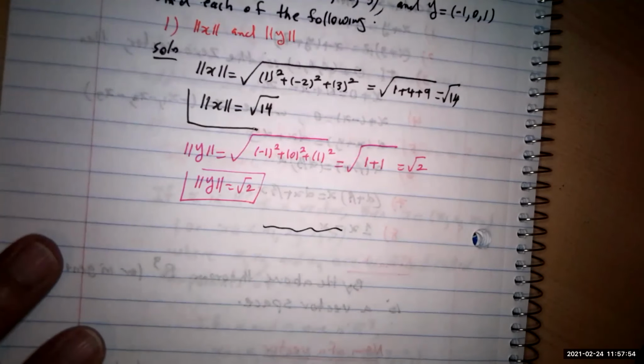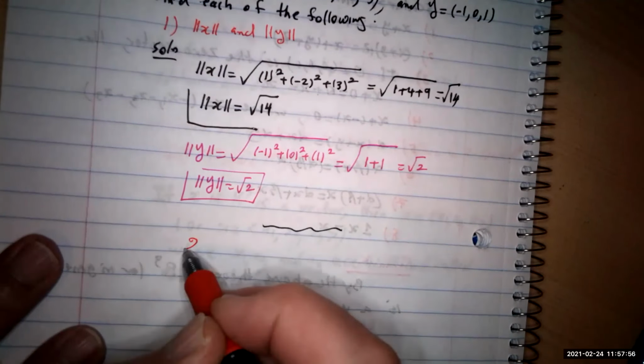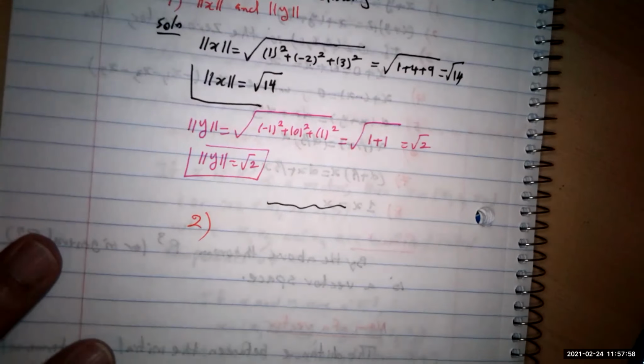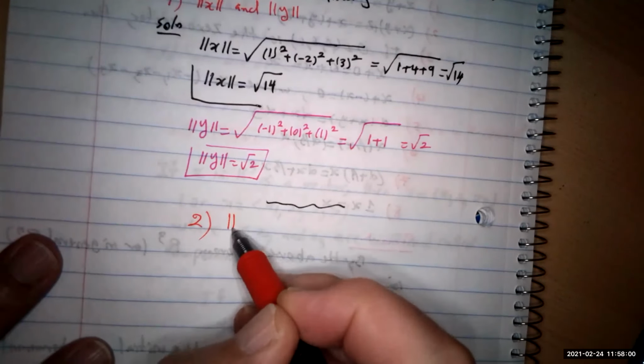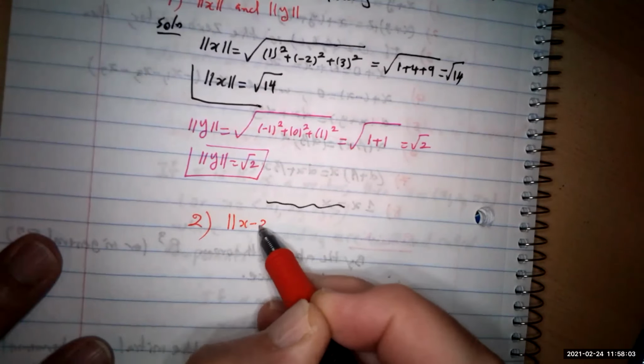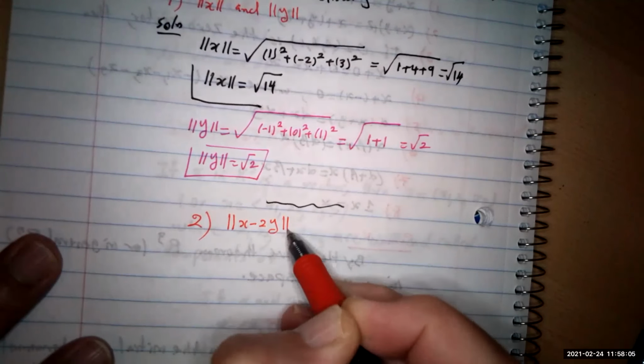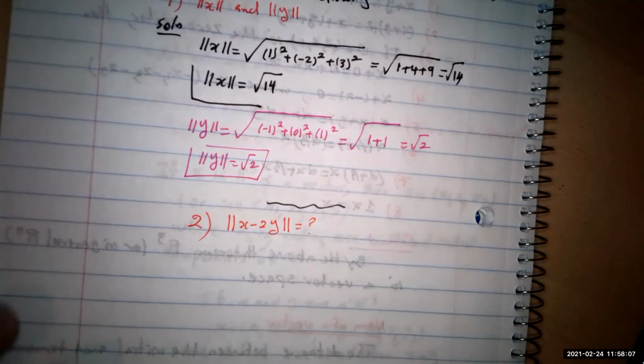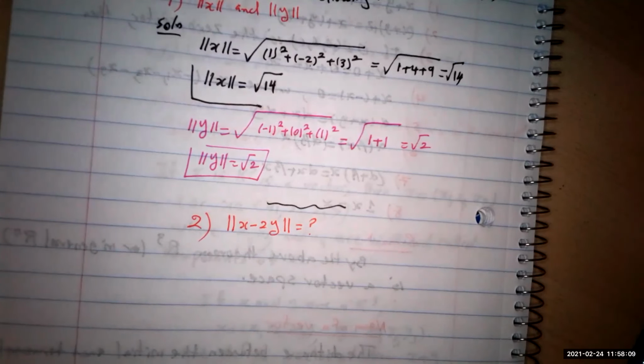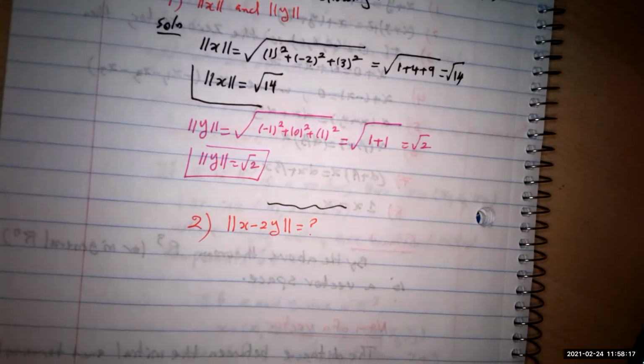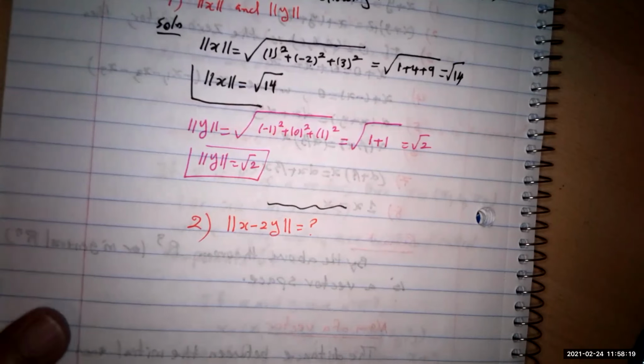But suppose you want to find this one. You have some in your book. Suppose you want to find the norm of x minus 2y. So you have to form this vector first. You have to form x minus 2y, and then come back and do the job.